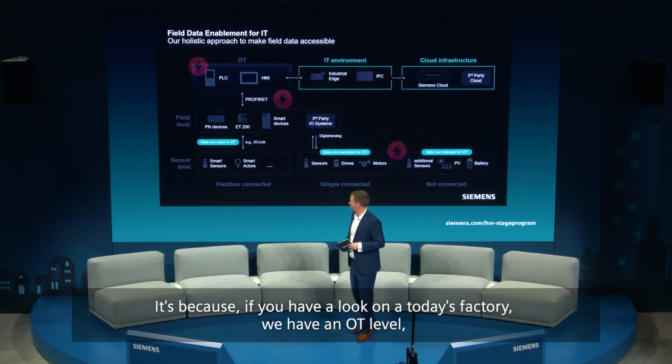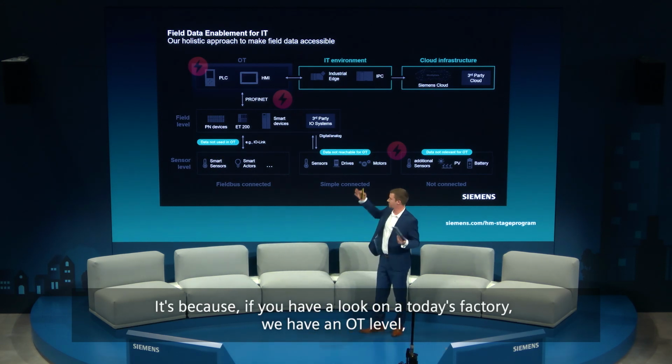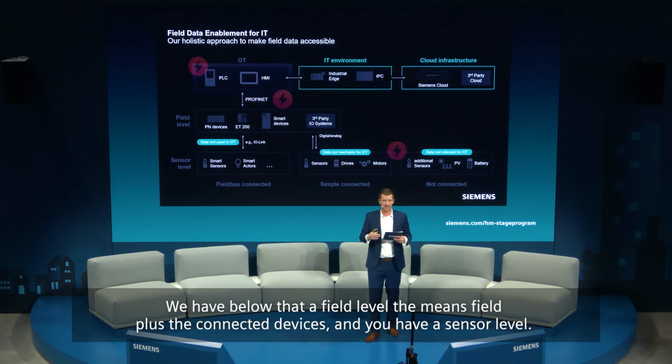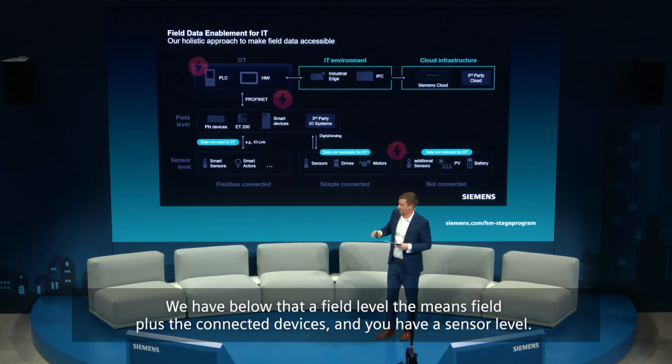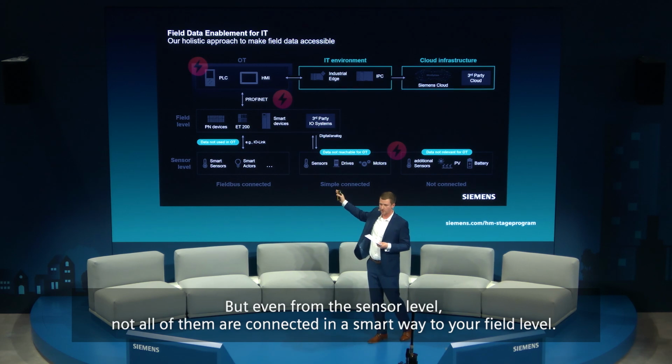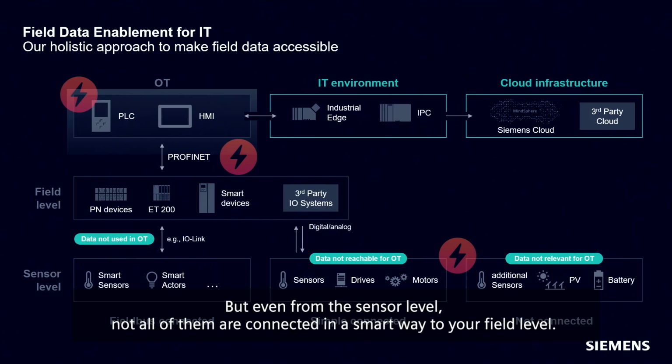If you look at today's factory, we have an OT level, which means the PLC and HMI system. Below that we have a field level, that means fieldbus connected devices, and you have a sensor level. But even from the sensor level, not all of them are connected in a smart way to your field level.